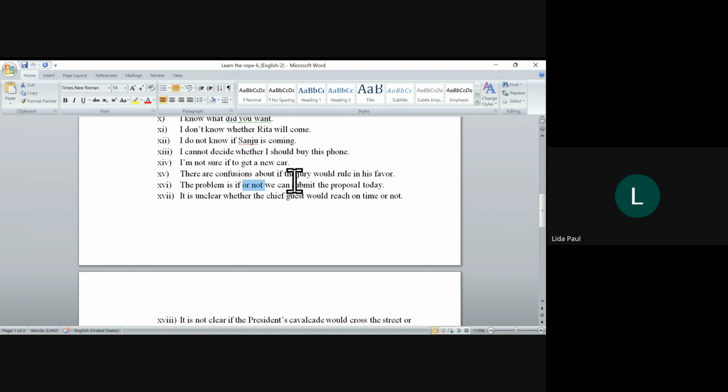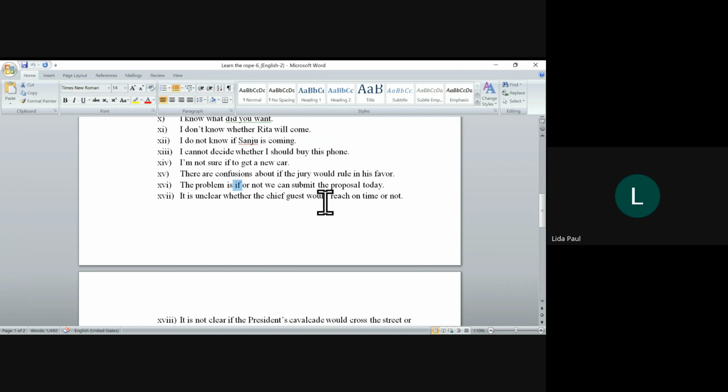But in the original sentence, or not has taken a middle position. It's not at the end of the sentence. In this case, the complementizer that is allowed is whether. So if here will have to be changed to whether, because or not is following the complementizer. If it was pushed towards the end of the sentence, you could have used either if or whether.